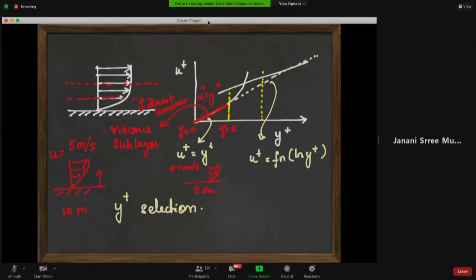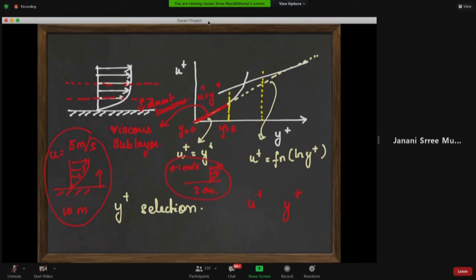So typically, you want a formulation which is not restricted to the dimensions of the system, but given some values, can I non-dimensionalize it in terms of U plus and Y plus so that it's universally applicable everywhere? Okay.